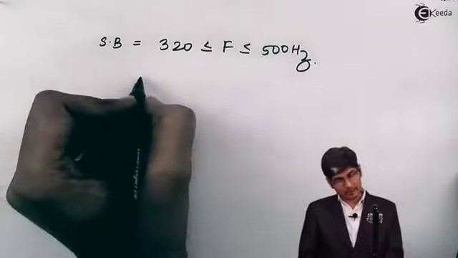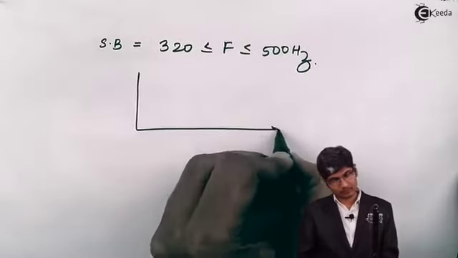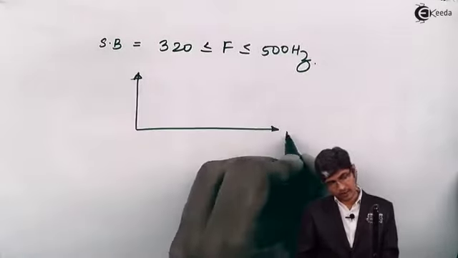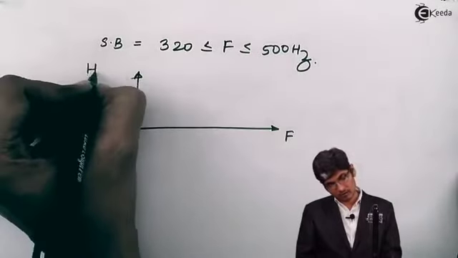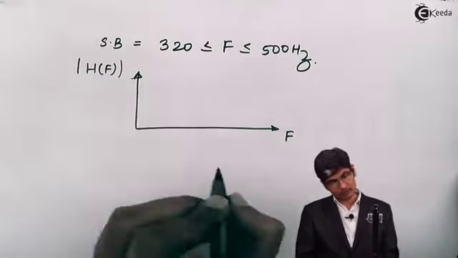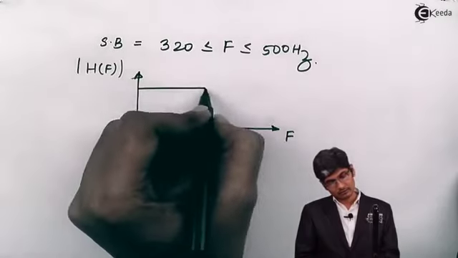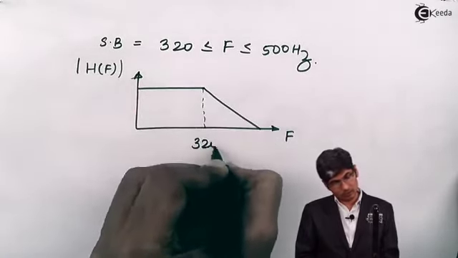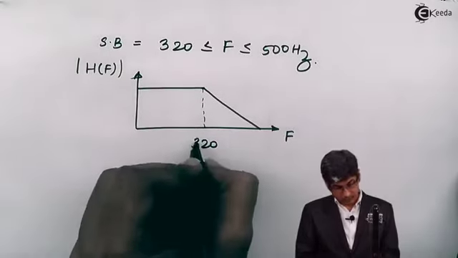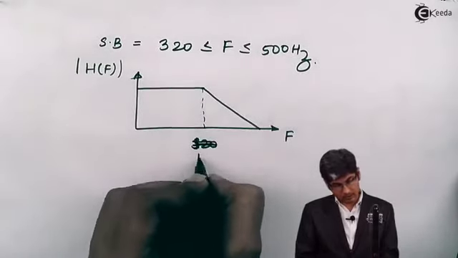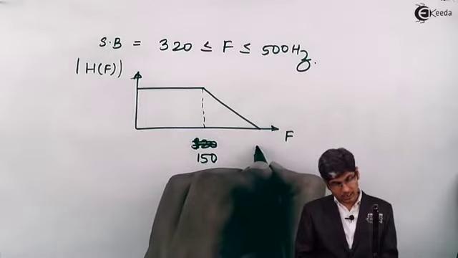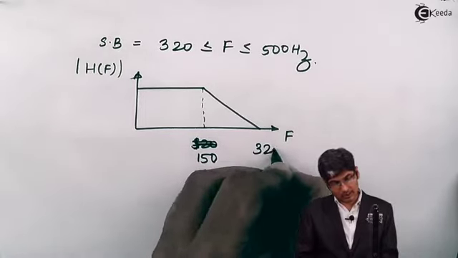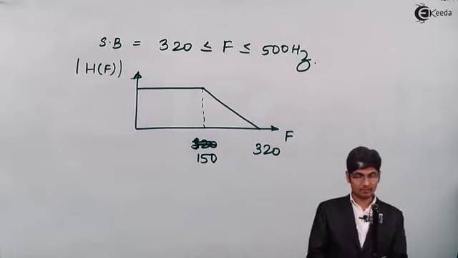If you draw the characteristics with f and mod of H of f, then the pass band ends at 150 and the stop band starts at 320 and goes up to 500.